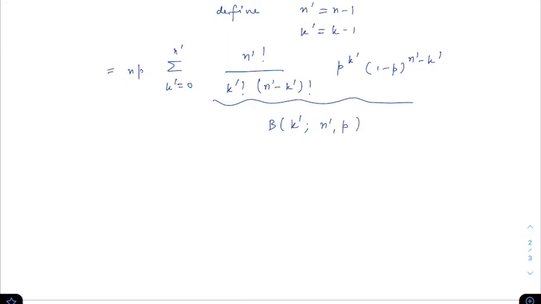So this sum should basically give 1. Or the other way to look at it is this sum is nothing but the binomial expansion p plus 1 minus p whole to the power n prime, and that is 1. So basically the mean comes out to be n times p.